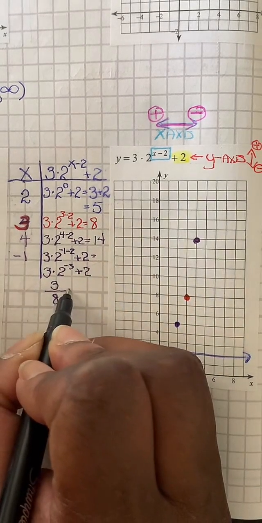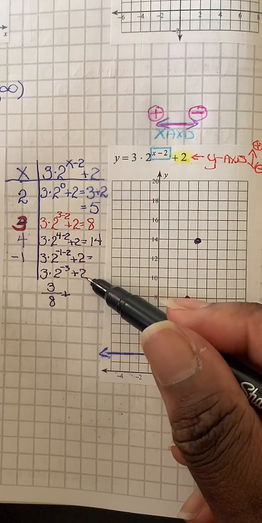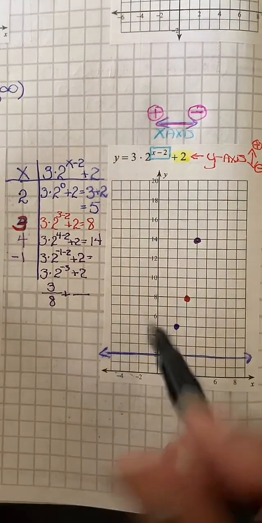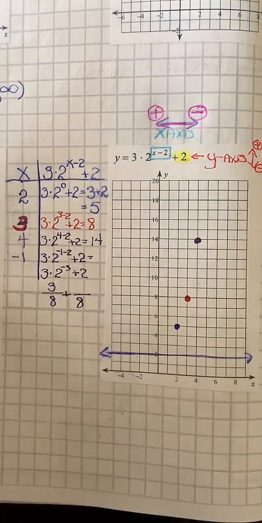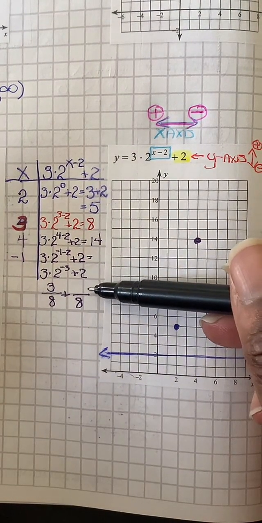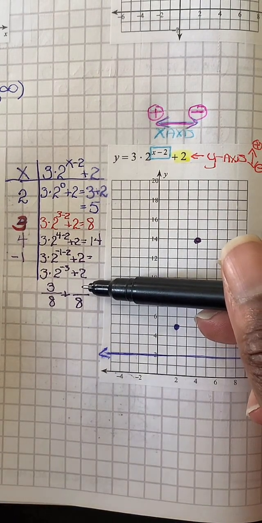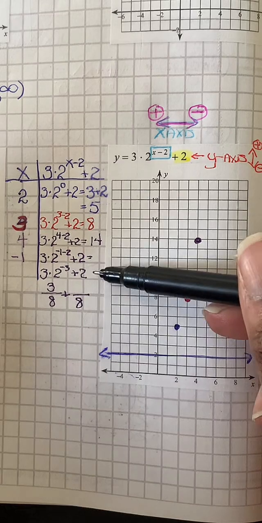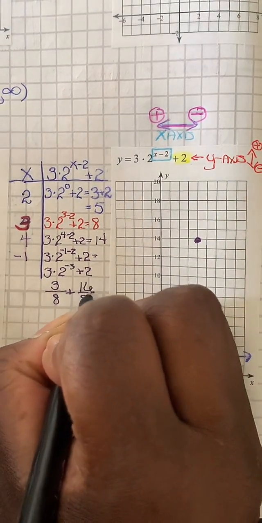But I need to add 2. But 2 is a whole number. In order for me to add a fraction, I need to change this whole number with a common denominator. The way I like to figure out what my numerator is, because sometimes people are not strong with their division, but they're pretty decent with their multiplication, you would take this 8 times the 2 and put my 16.